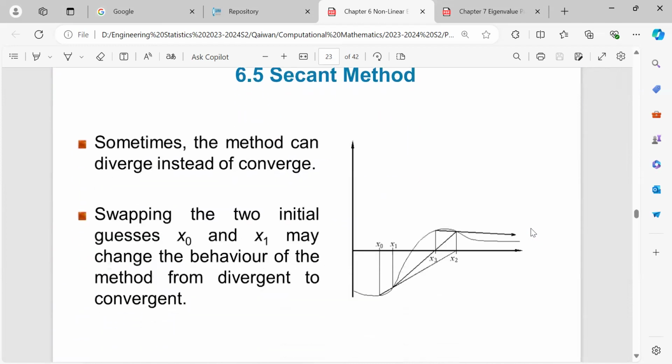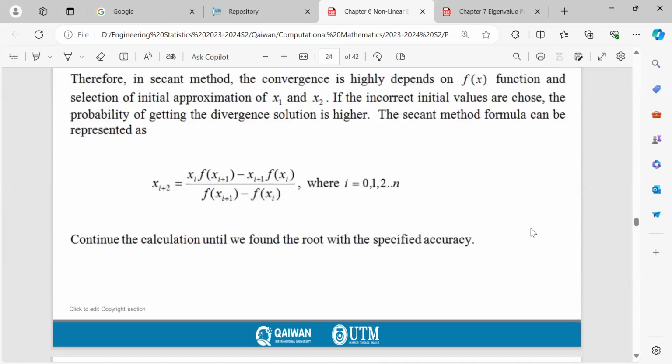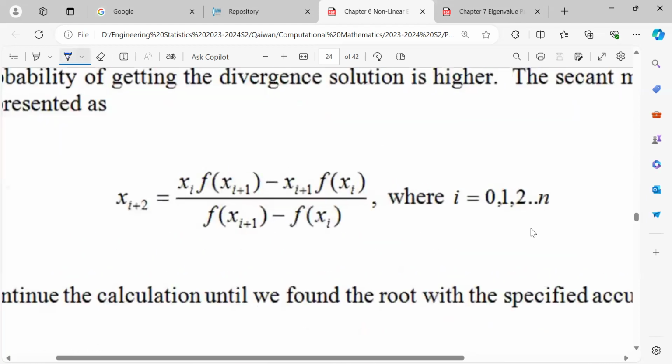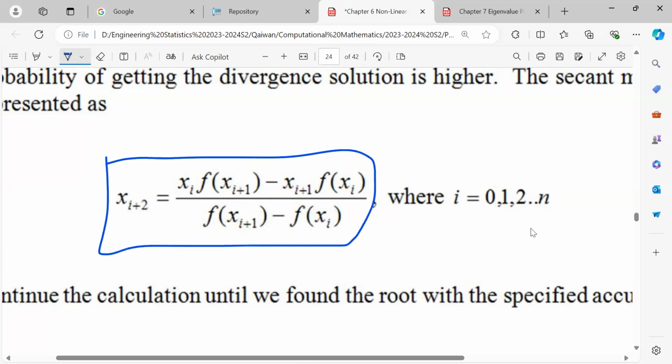In the secant method, we have this rule for finding the approximate solution for the given equation. The secant method works on 2 initial points. We must have 2 initial points for finding the solution.